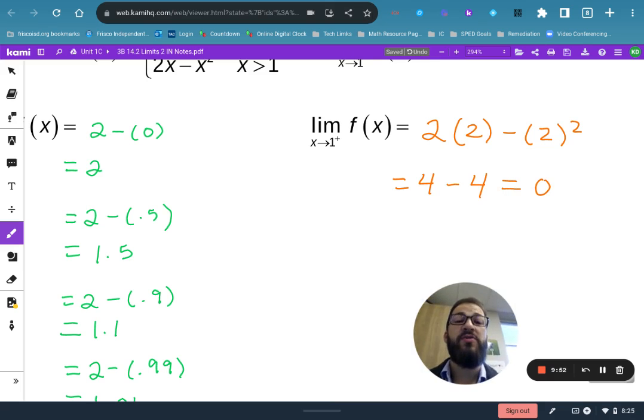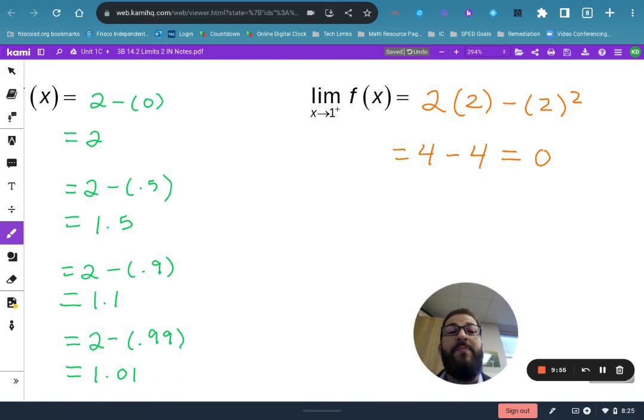Let's go a little bit closer to see if we can get a better idea of what's happening. Let's do 1.5.